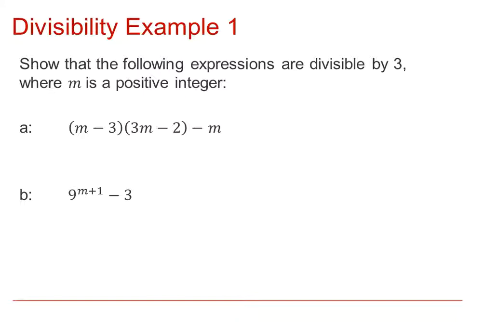Can we show that the following expressions are divisible by 3, where m is a positive integer? So if we look at this first problem and expand the brackets, we get 3m squared minus 9m minus 2m plus 6 minus m.